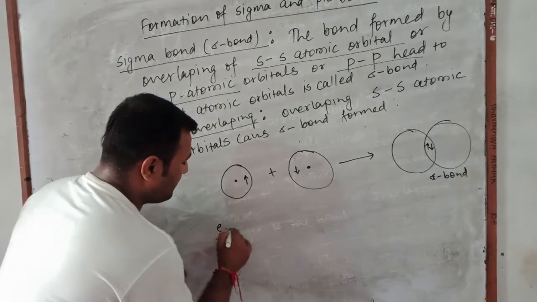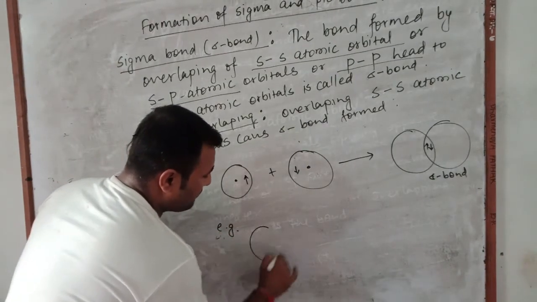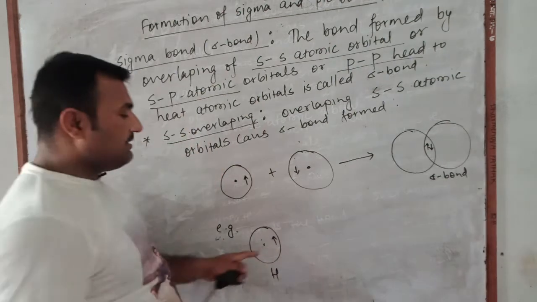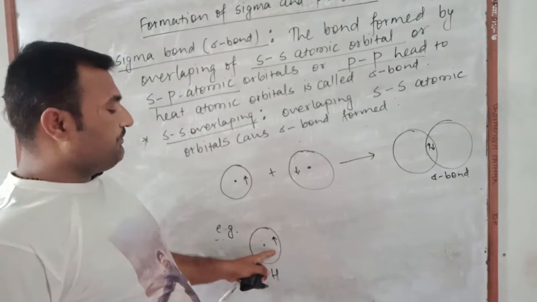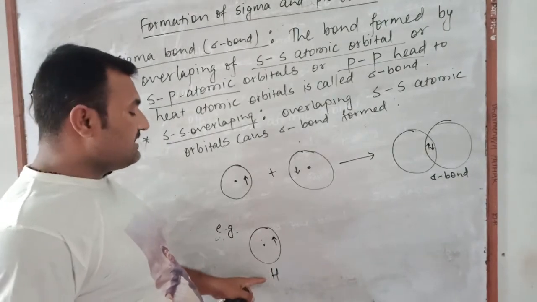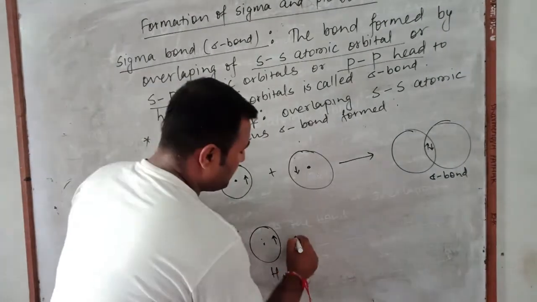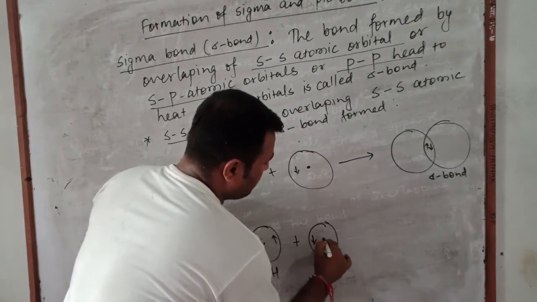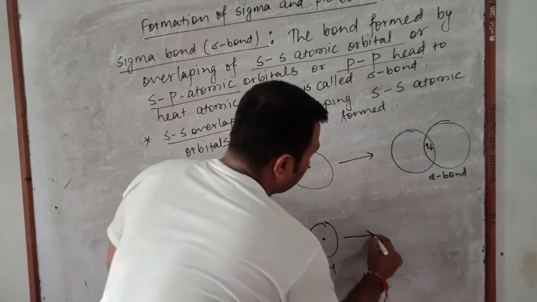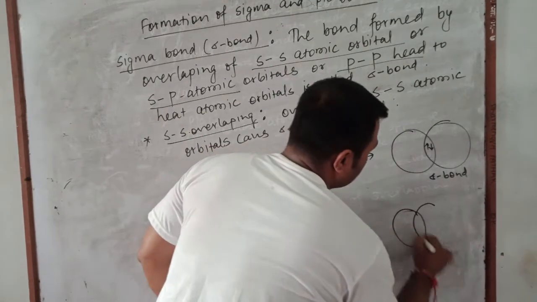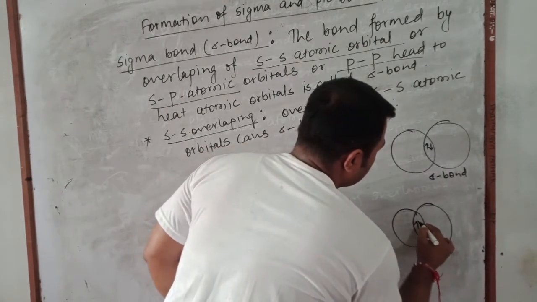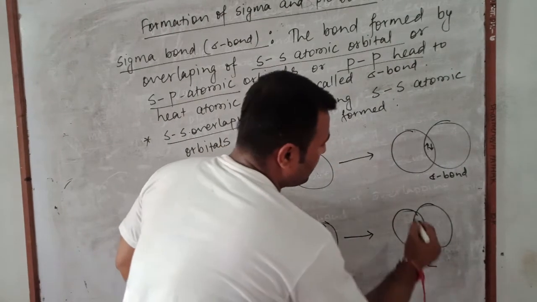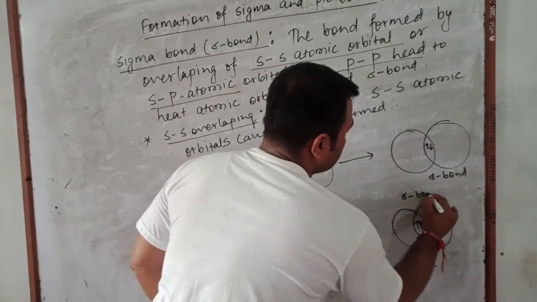As for example, hydrogen has only one valence electron and its atomic orbital is 1s. When it fuses with another hydrogen, it forms the hydrogen molecule, H2, and here the bond formed is a sigma bond.